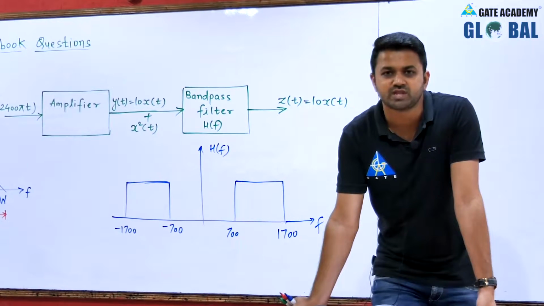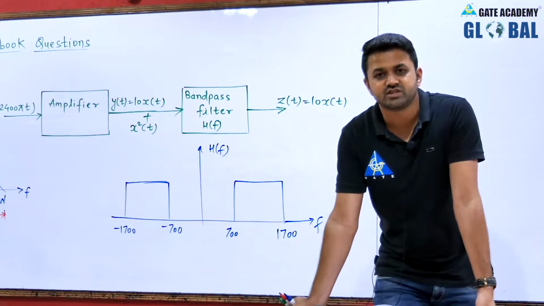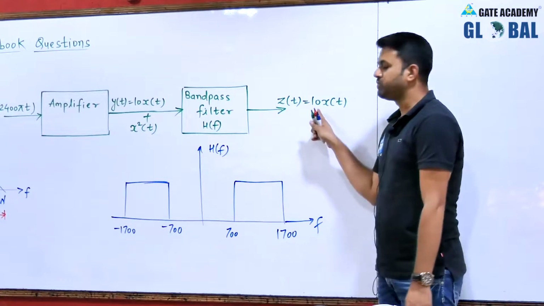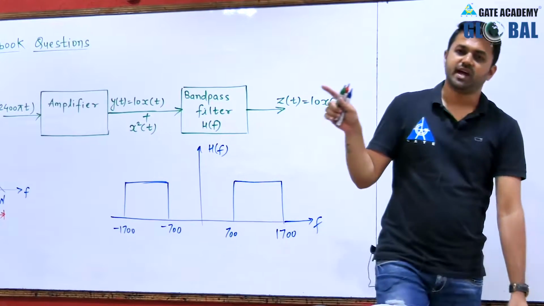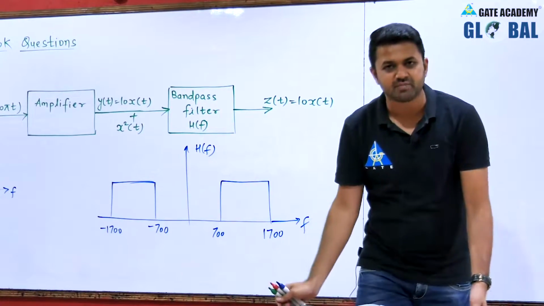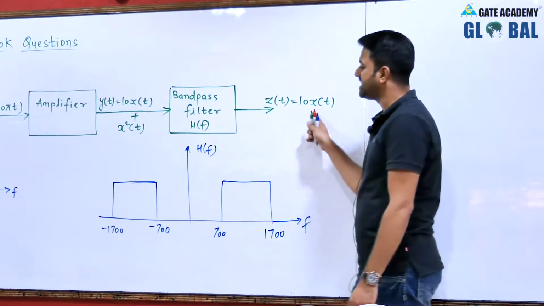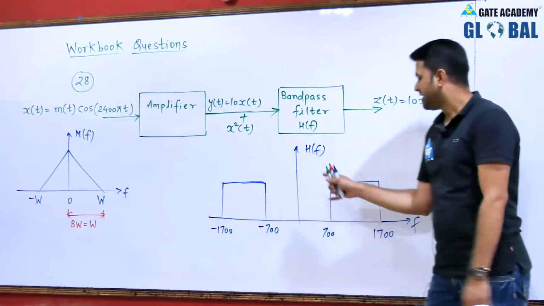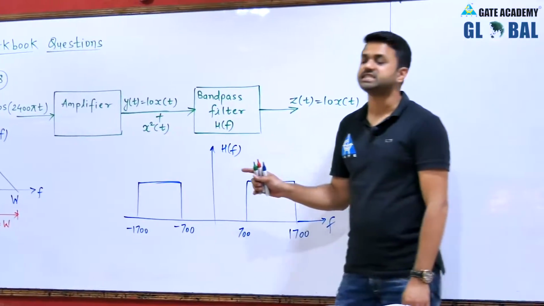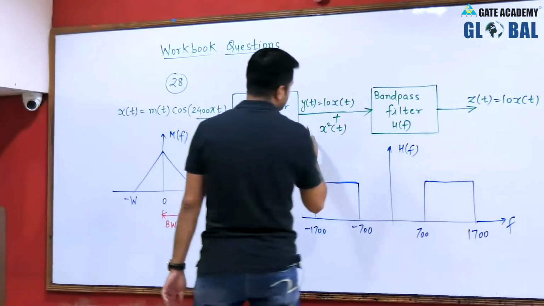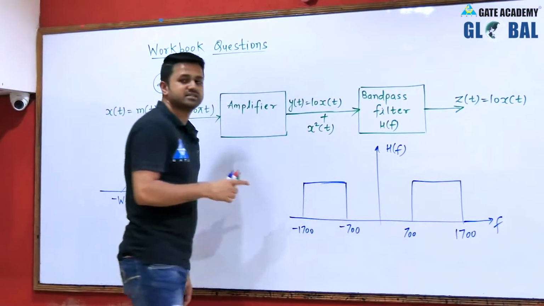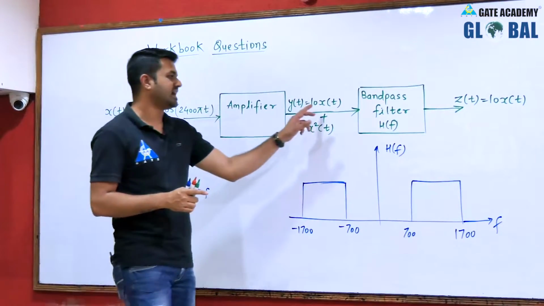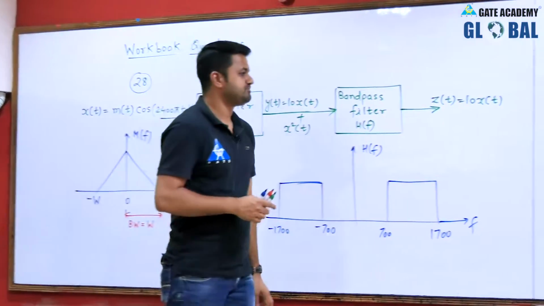Our output should be 10 times x(t). So we have to place this band pass filter in such a way that the x square(t) term is suppressed, and only then will we get 10 x(t).